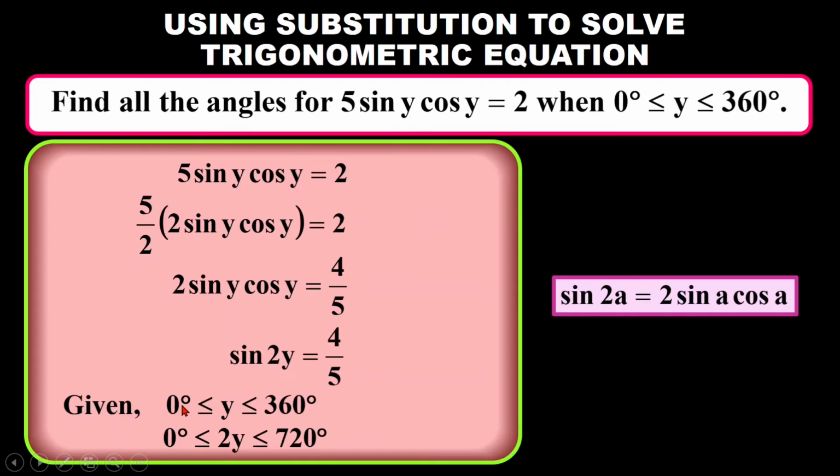So I have from 0 until 360 degrees, but for 2y I can go until 720 degrees. So I will check the range first before I find my reference angle. The reference angle is still the same. I will press the calculator, shift sine, and then I will press 405.